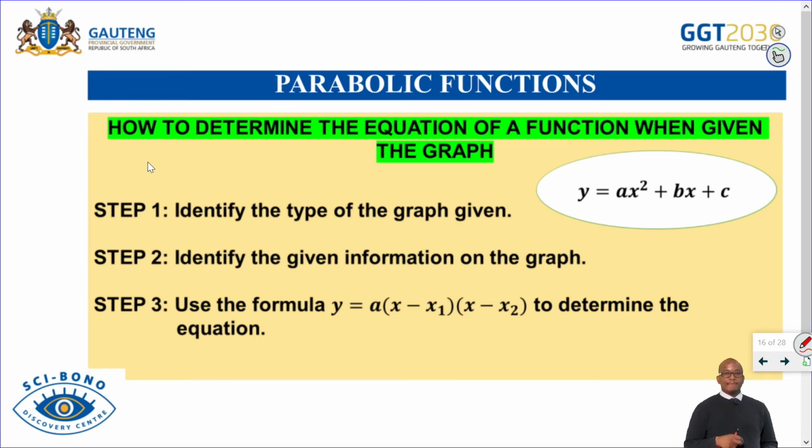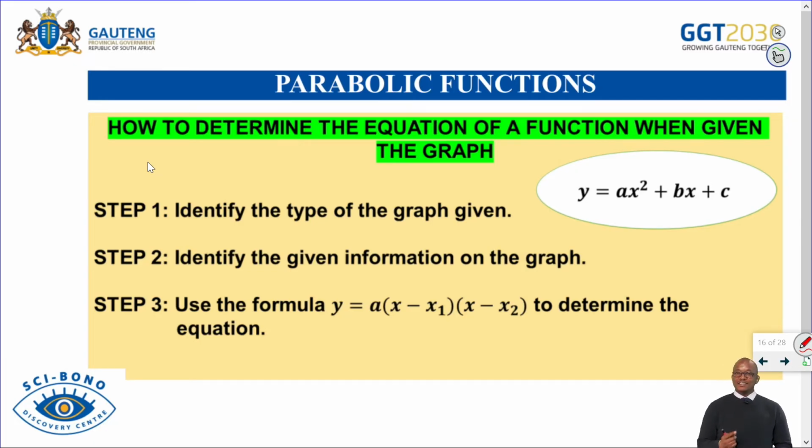Now we have learned how to sketch the function in both forms, correct? When it's given as y is equal to ax squared plus bx plus c, and also in the form of y is equal to a into x plus p squared plus q.